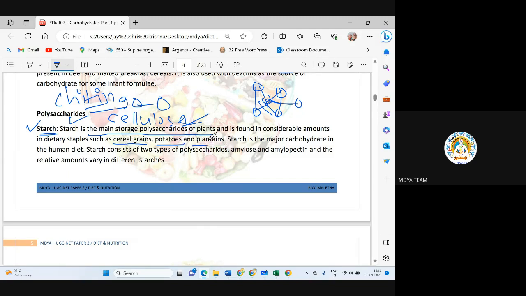In this, not that much starch is present, but some amount is present. So starch is the major carbohydrate in the human diet. Starch consists of two types of polysaccharide, amylose and amylopectin. You have to remember this also, amylose and amylopectin.